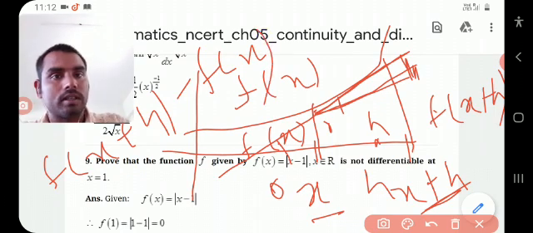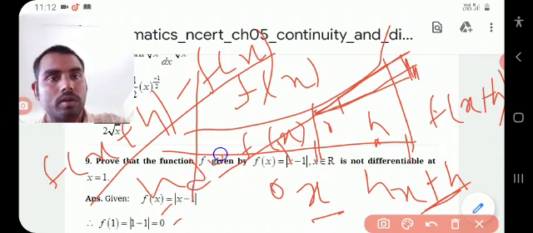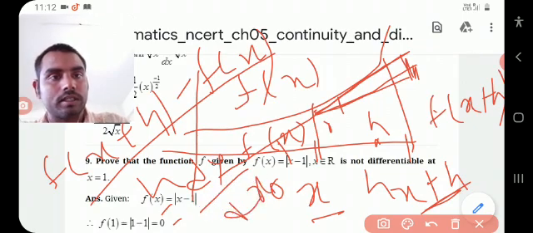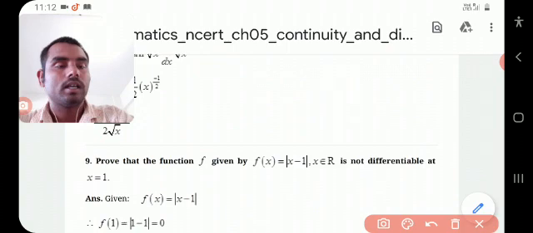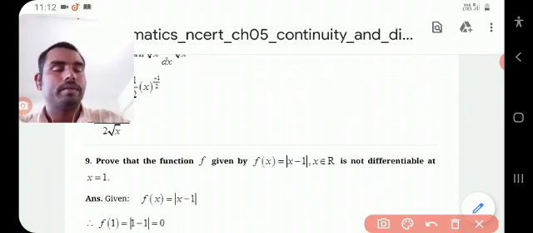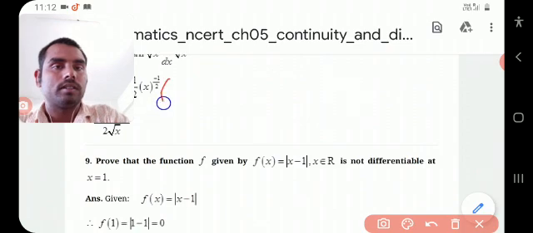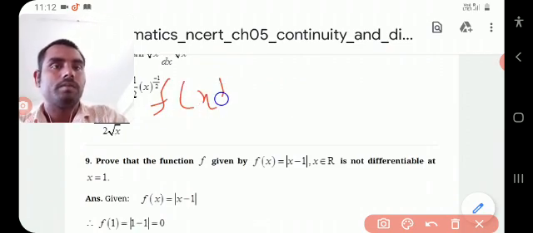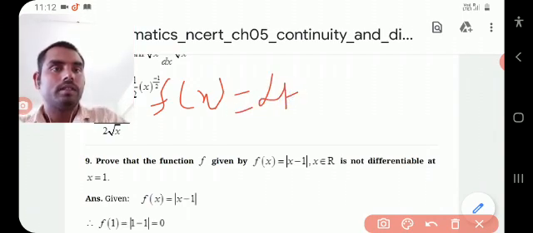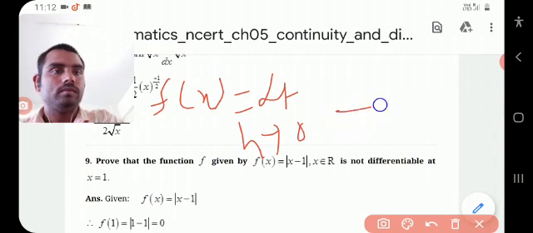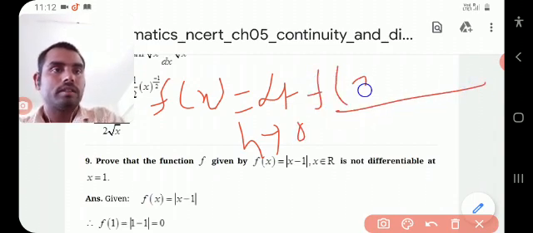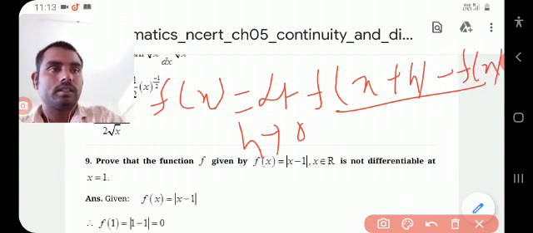So that's the y part divided by the h part. The upper part is y, the lower part is h, that is small dy by small dx. Okay, clear? It is the basic definition. So what is f dash of x? f dash of x equals the limit as h tends to 0 of (f of x plus h minus f of x) by h.